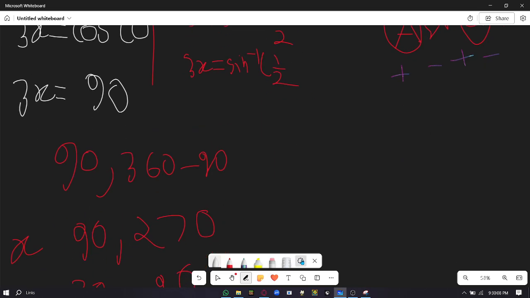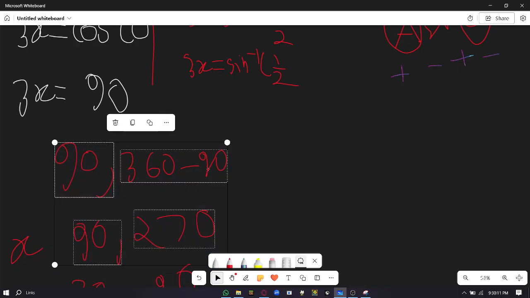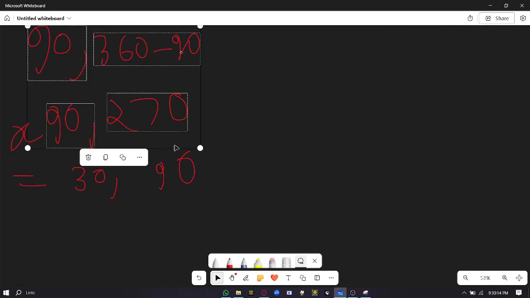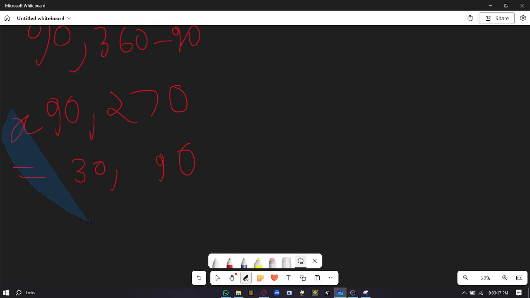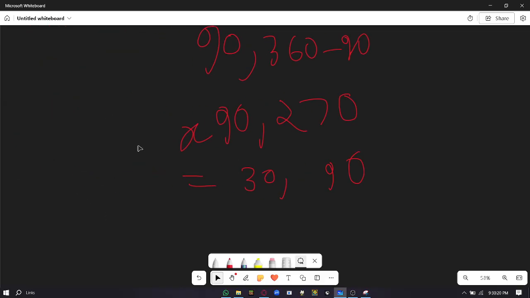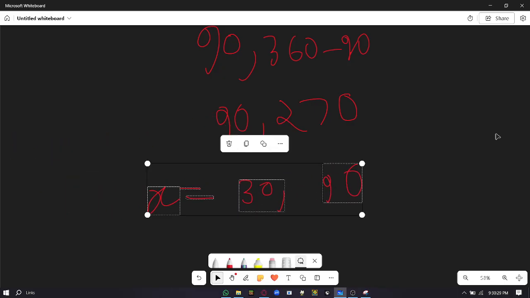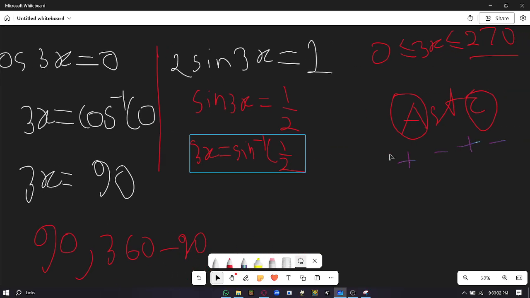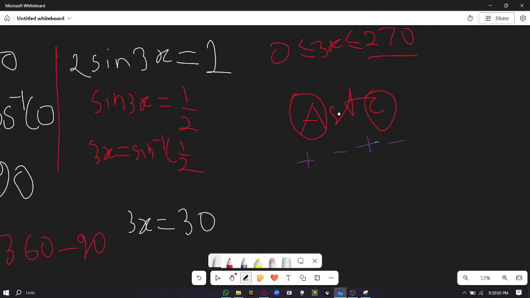So now this should be much easier. 3x equals 30. Sine is positive in the second and the first quadrant.